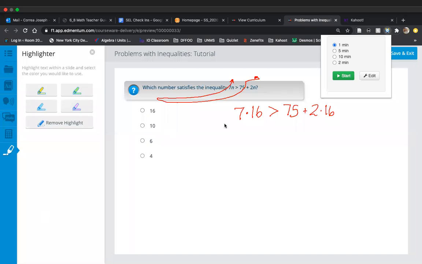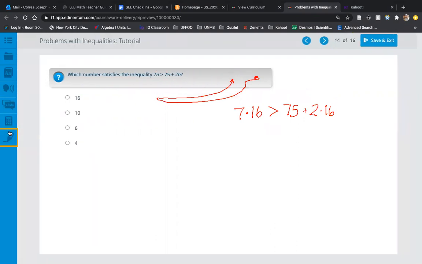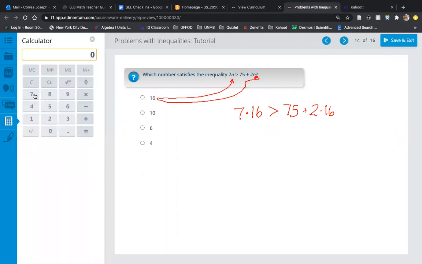We've got like 2 slides left, okay? A couple people got it right. It is 16. So this first example that I gave you happens to be correct. We've got a calculator right here, so all I need to do is check the math. 7 times 16 gives me 112.